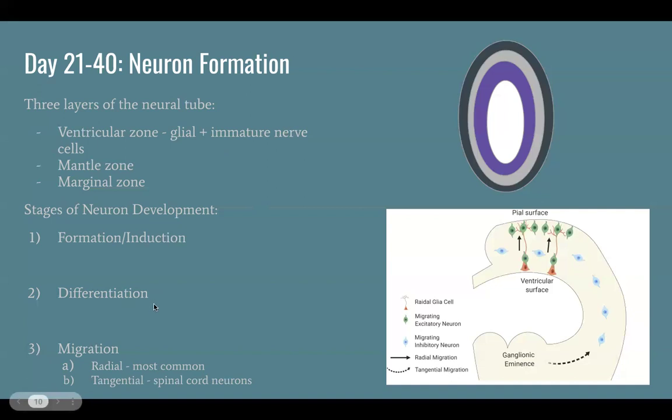Once the cells are differentiated, they don't need to be in this arrangement anymore, right? They should move to the place where they belong in the brain. And they can do this via two possible ways. The first way is through radial migration, which 90% of neurons take. They'll move from the ventricular surface, your innermost layer, to the outermost layer.